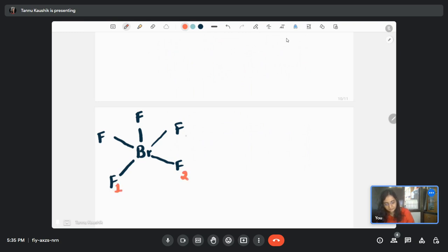And we have two dihedral planes also present here. This is, sorry, sigma d.